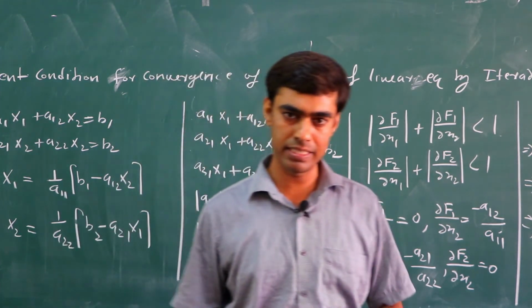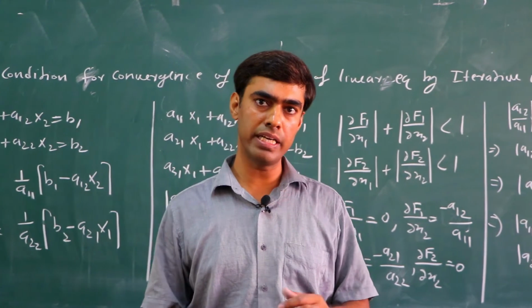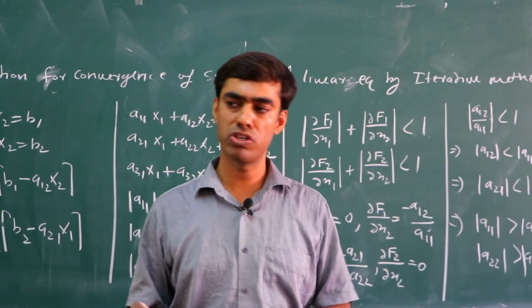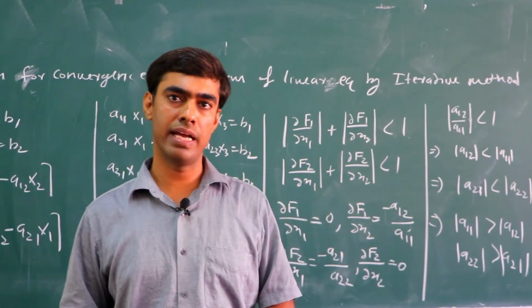If we generalize this result for n unknowns, the modulus of a11 is greater than the modulus of a12 plus the modulus of a13 up to the modulus of a1n.